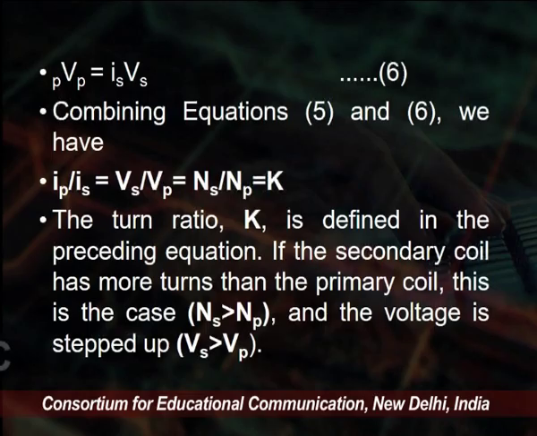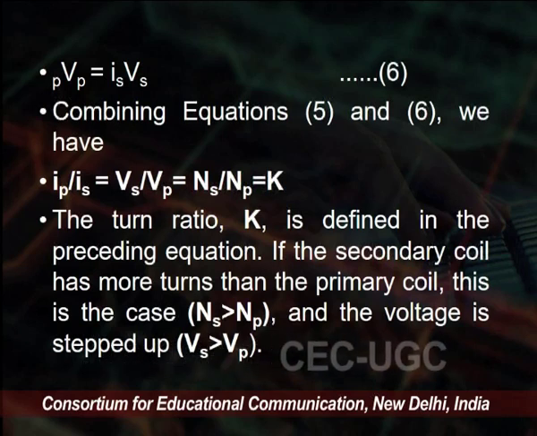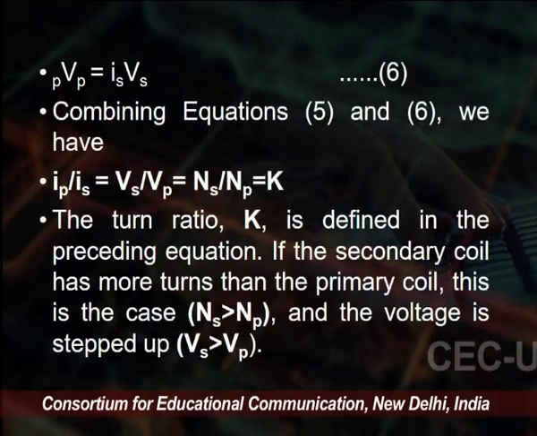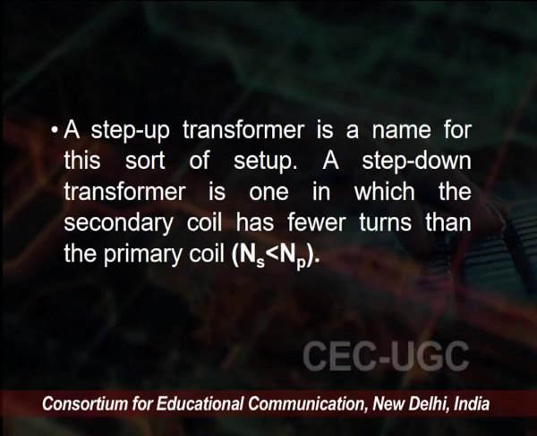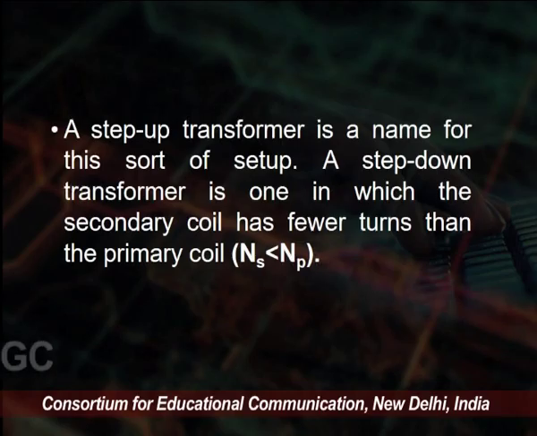If the secondary coil has more turns than the primary coil, that is Ns greater than Np, then the voltage is stepped up, and if it is opposite, then it is a step down transformer. A step up transformer is the name for this sort of setup.